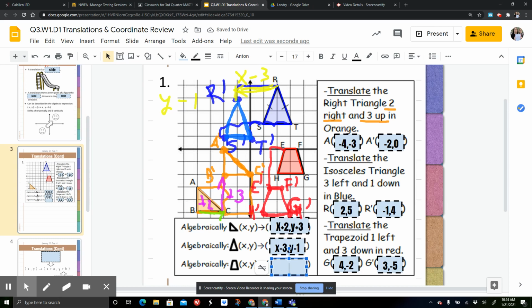Now we need to describe how our points changed. Because we went 1 left, left is in the direction where you would get smaller. Left 1 would be -1, so that's x minus 1, and then down 3 would be y minus 3. So when we type that in our text box, we type it as x minus 1, comma, y minus 3.